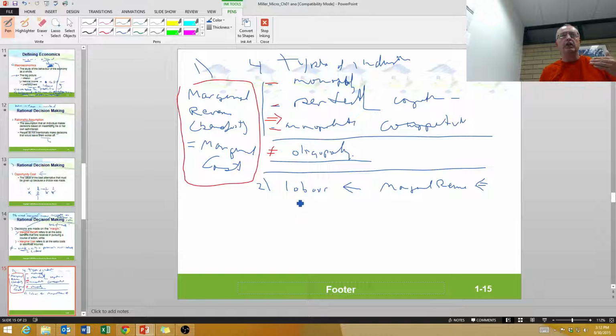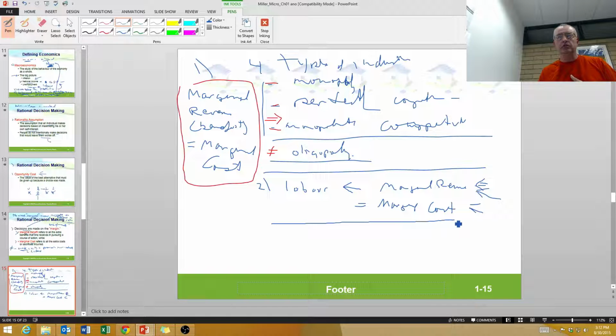So the optimal level of labor that a business should hire is at the point where the marginal revenue from that extra production exactly equals the marginal cost of hiring that extra person. So again, a company decides on the optimal level of a resource to employ where the marginal revenue from the extra level of output produced by that extra person equals the cost of hiring that extra person.